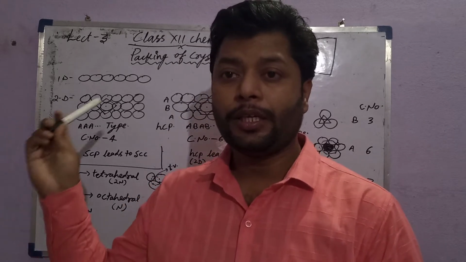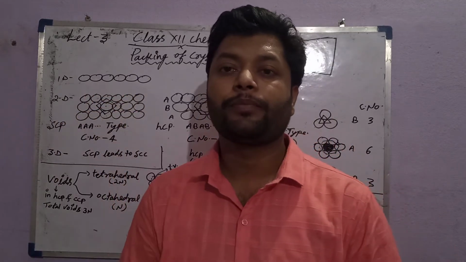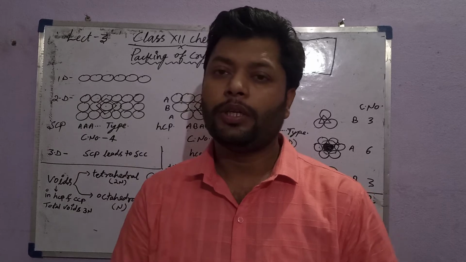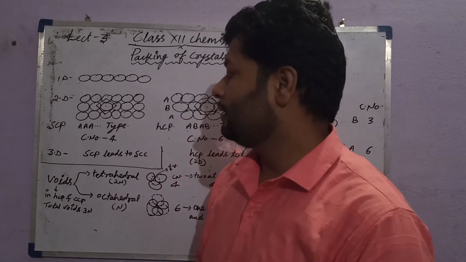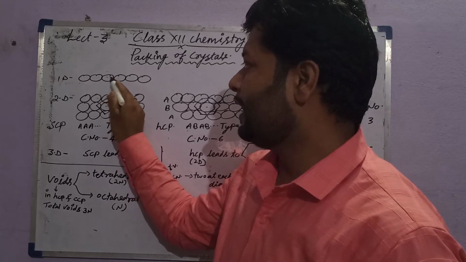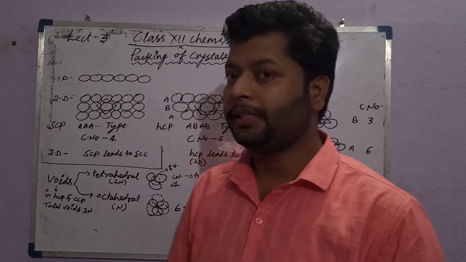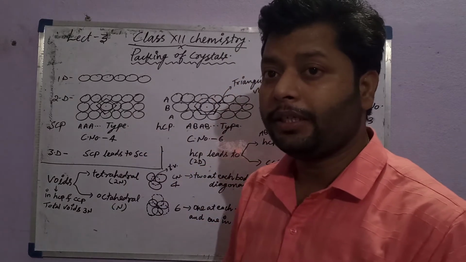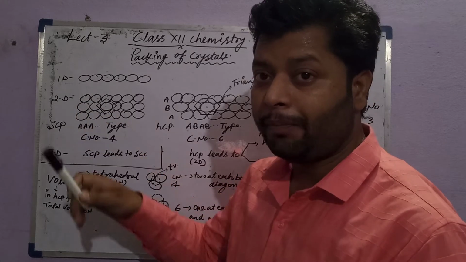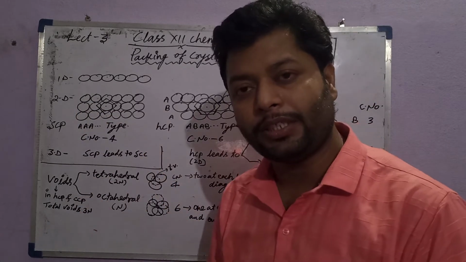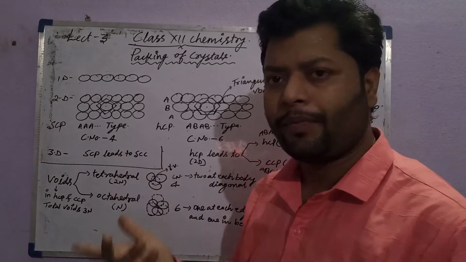I've framed one dimensional here. The first picture is about one dimensional. You can see a single row of arrangement of the particles. In the single row, each particle is directly attached with two other particles. That is called coordination number. In one dimensional, this is imaginary. Actually the particles always form a 3D structure, so never learn 1D as a type of structure.